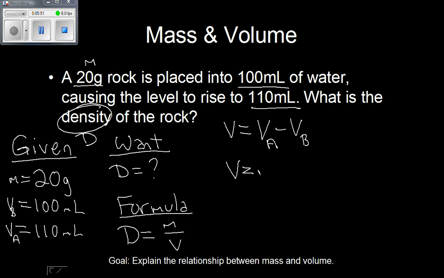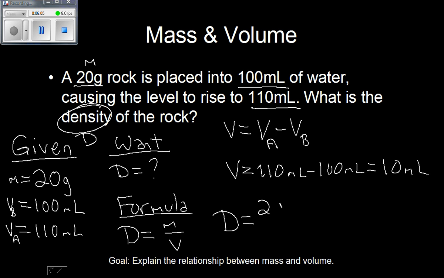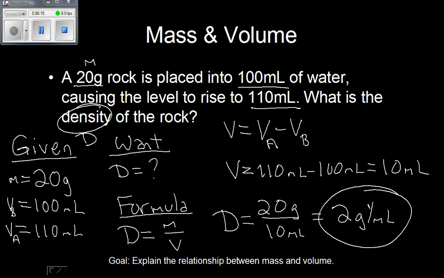So V equals 110 minus 100, or 10 milliliters. Now we can use that V for our formula and plug in. So we have our 20 grams over our 10 milliliters. And we find that our rock has a density of 2 grams per milliliter.